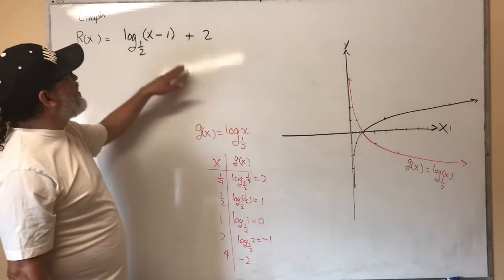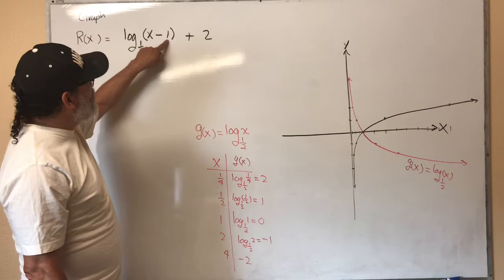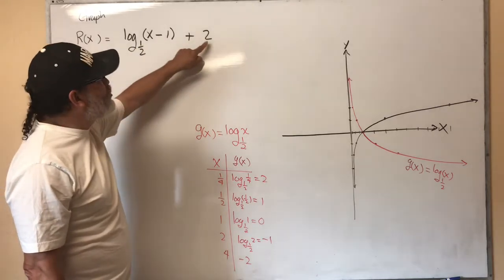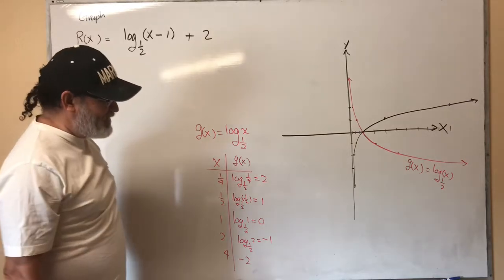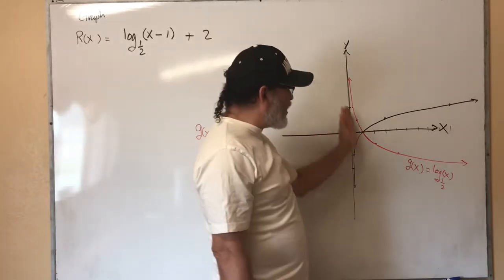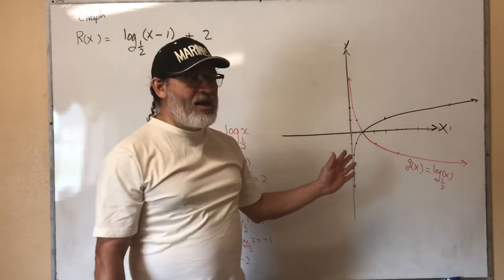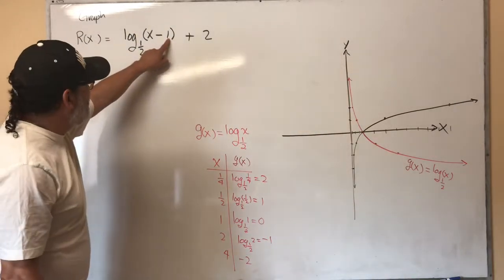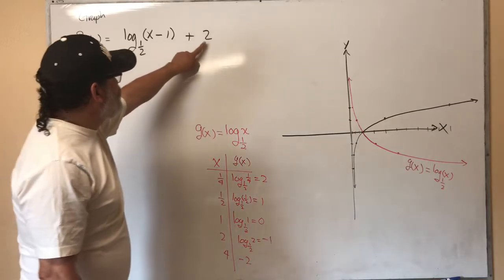But it's been shifted 1 unit to the right, 2 units up. So you see every point on the red graph shifted 1 unit right, 2 up.